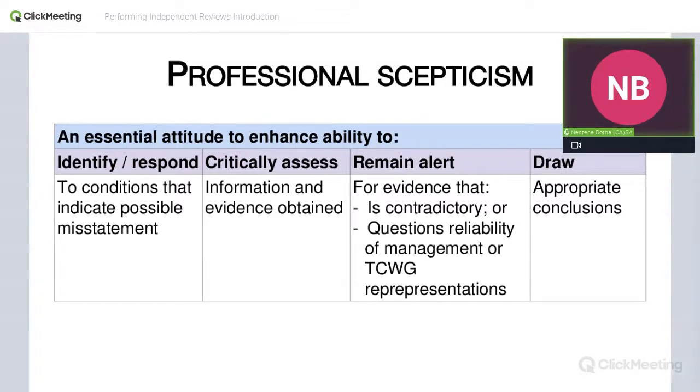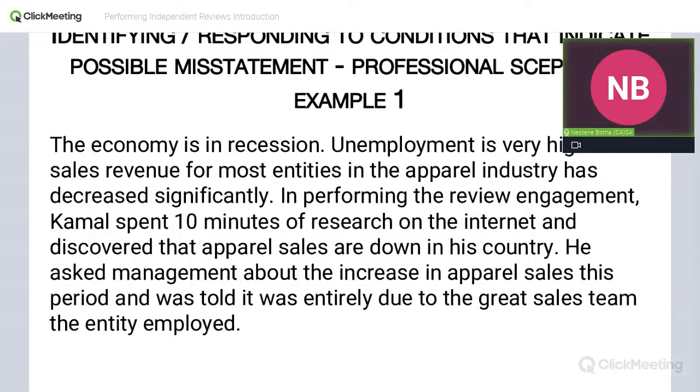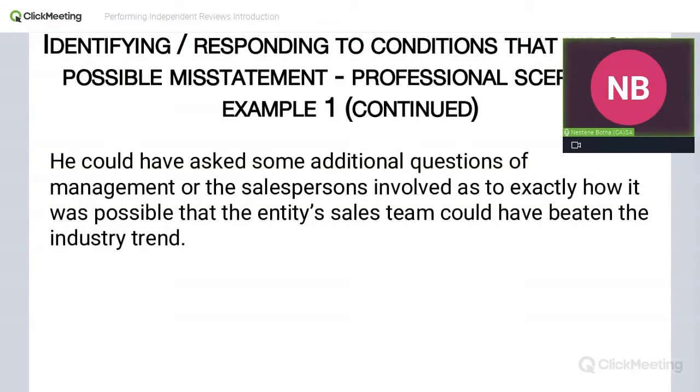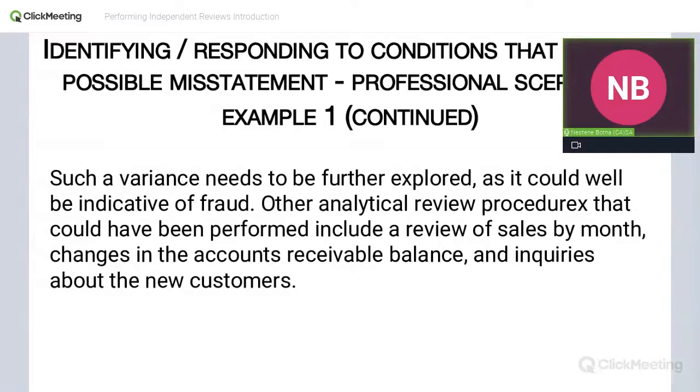We'll also go into more detail in the professional skepticism requirement and look at some practical examples, really covering why it is important for us to maintain professional skepticism and what does that even look like in practice. I don't know if you've ever been in a scenario where you weren't sure if you were required to perform additional procedures in an independent review or not.